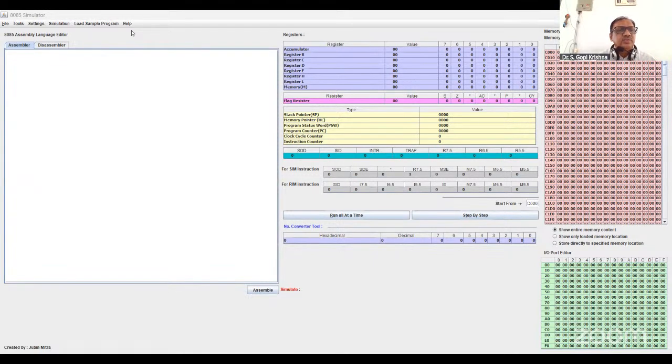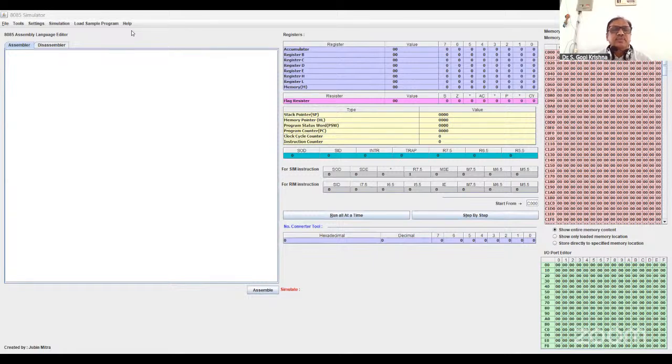Then LXI register pair: LXI B, LXI D, or LXI H. These are the three instructions possible. With this instruction, any of the pairs can be loaded with 16-bit data.